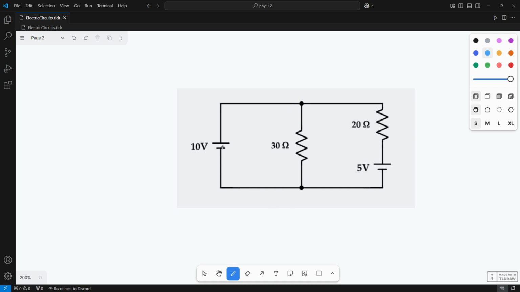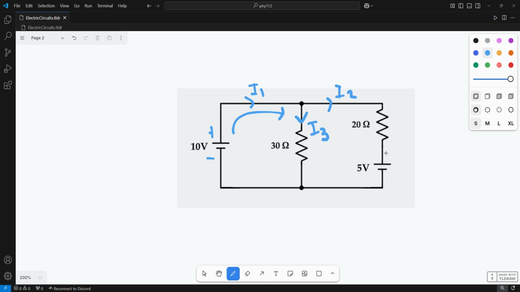which states that, let me just quickly determine the direction, current will go from here. Let's suppose this is I1. This I1 current will flow, and from here I1 will divide into two parts, one being I2 and the other being I3.